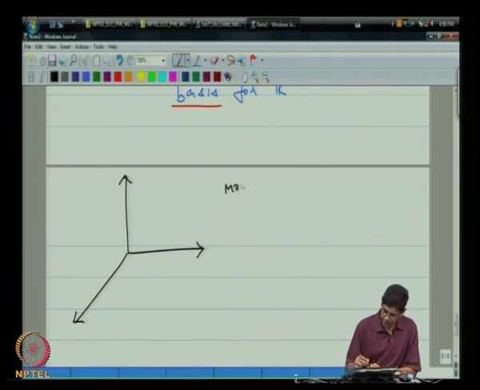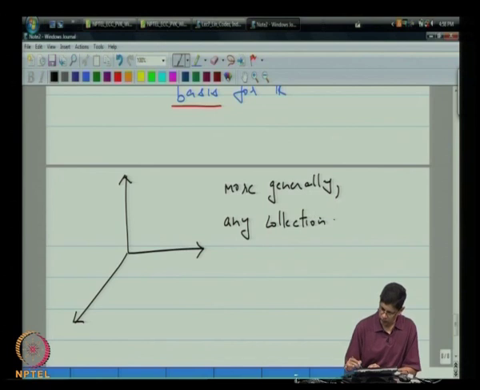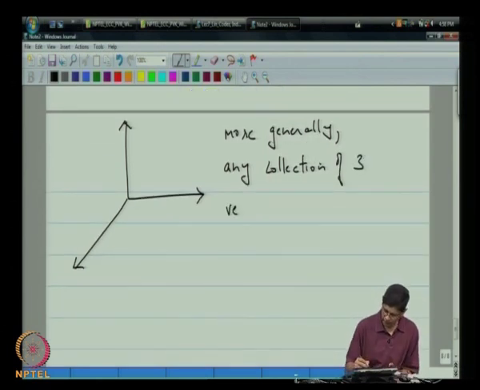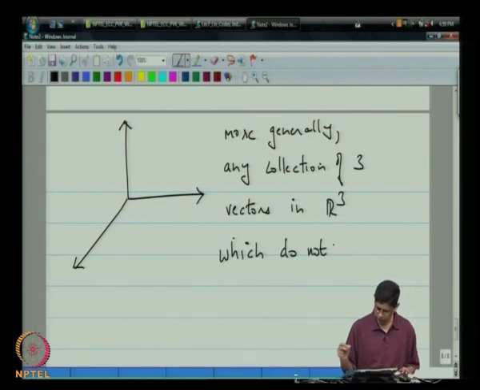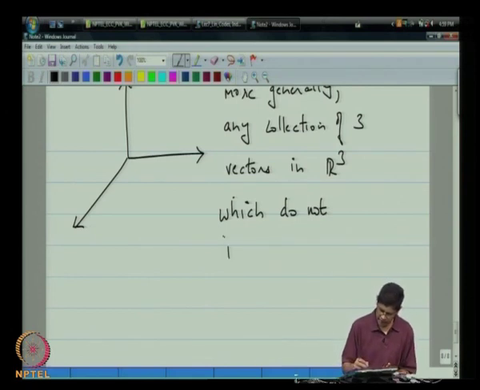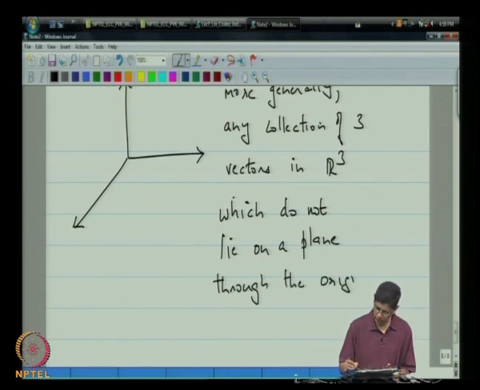So, more generally, any collection of 3 vectors in R3 which do not lie on a plane through the origin is a basis.